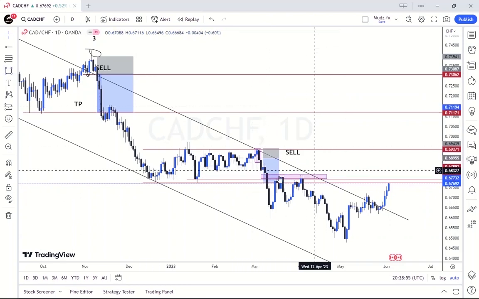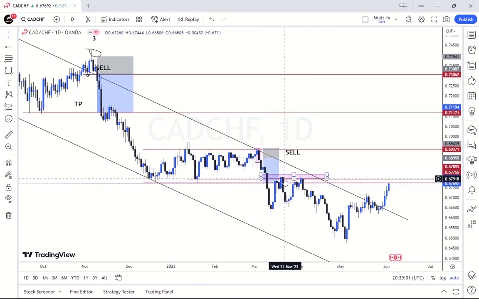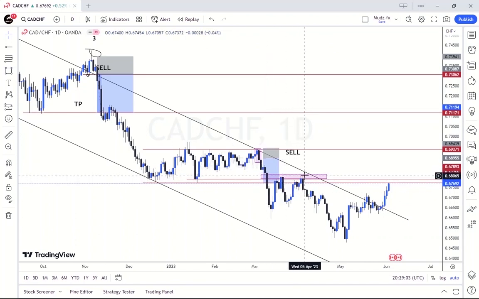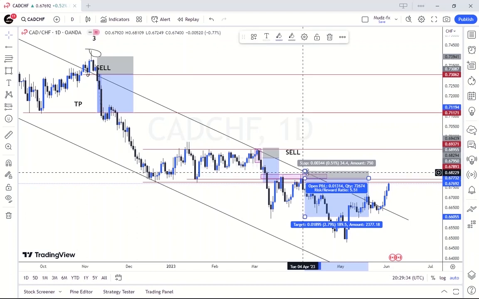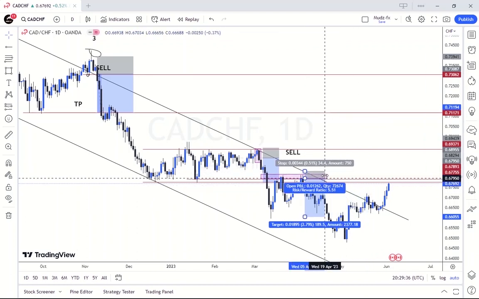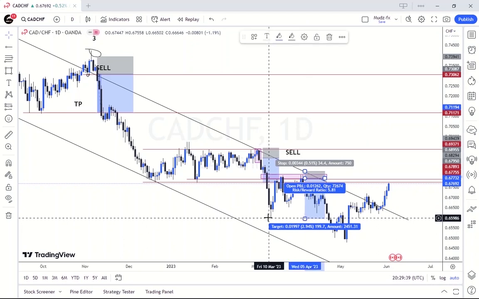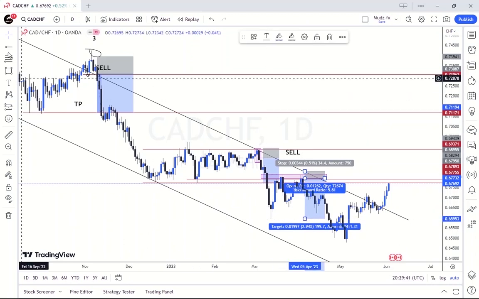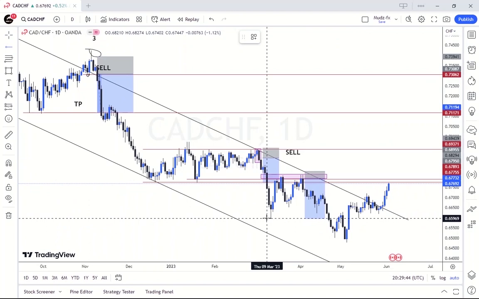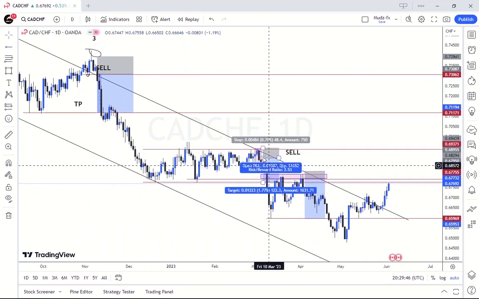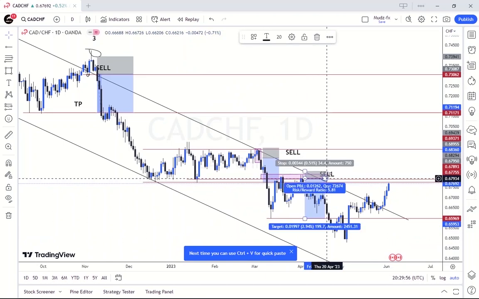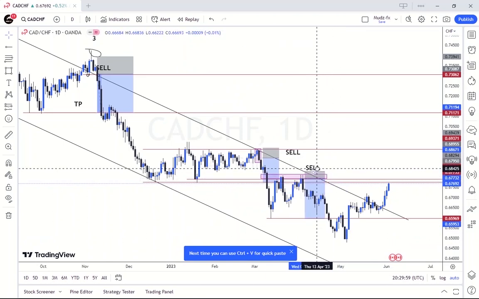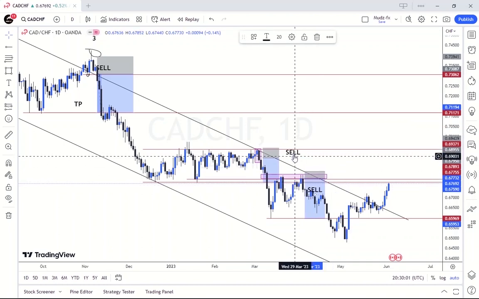The market couldn't break this resistance, then it came back again, couldn't break it. So from here, you might sell and then put your stop loss right here, and then your TP right here, where the previous move ended. From here, this is also a sell signal. You see, very easy like that, right?